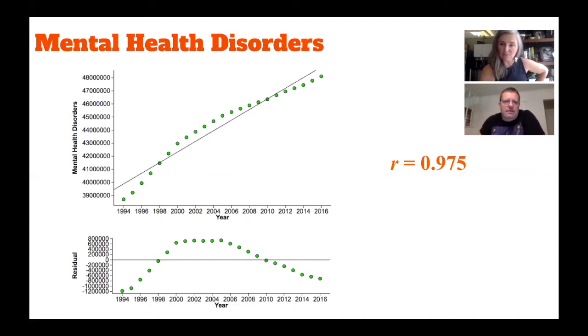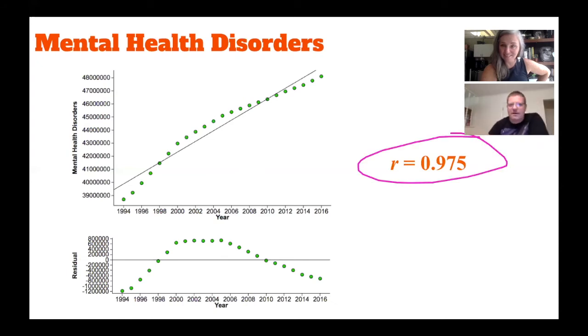So you want to talk about this, Mr. Bobby? Yeah, when she showed it to me, and even she said she was shocked, this R value is insane. So something's going on. Now, does that mean we have more diagnoses? We don't know why that's going up, but that's a very strong relationship.